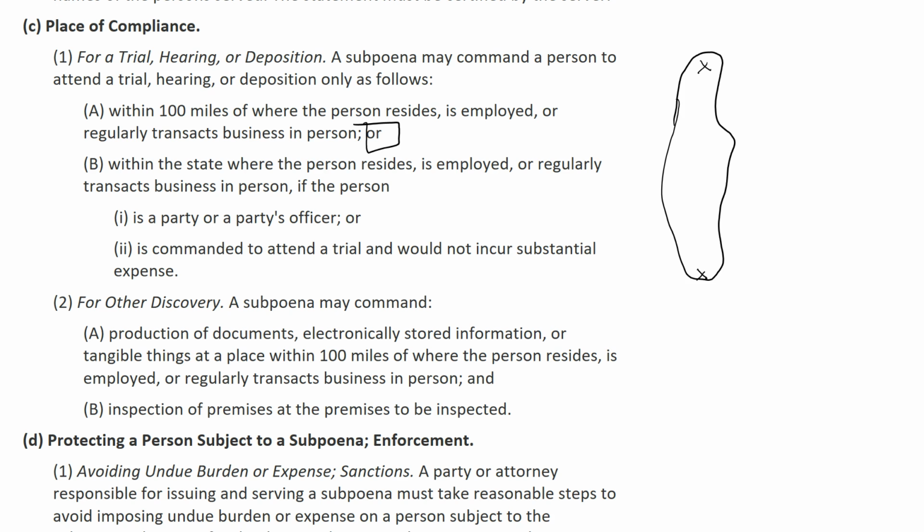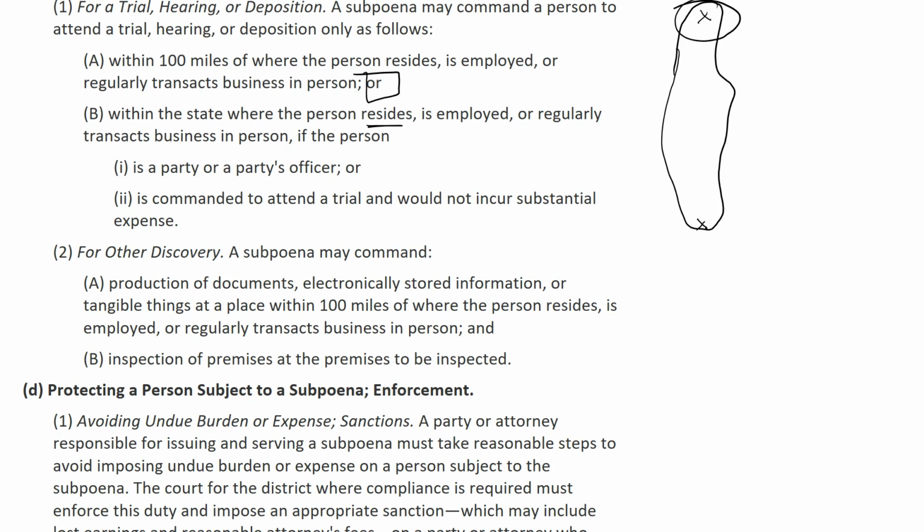Well, that's going to be a lot more than 100 miles, right? I don't know the exact length of the state of California. I'm going to assume that it's like 500, 600, 700 miles. Well, since I reside in California, I can be forced to go and testify in a deposition or hearing or trial way up in Northern California. Okay.